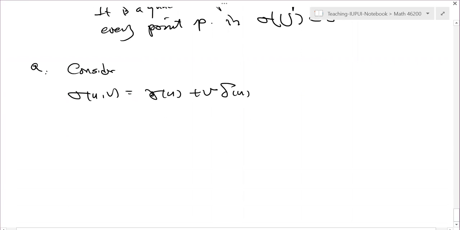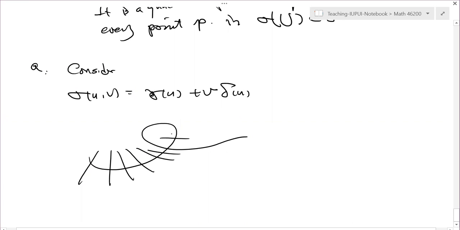What does that mean? You have a curve gamma(u), and along the curve you have these lines. Those lines are determined by the direction delta(u).